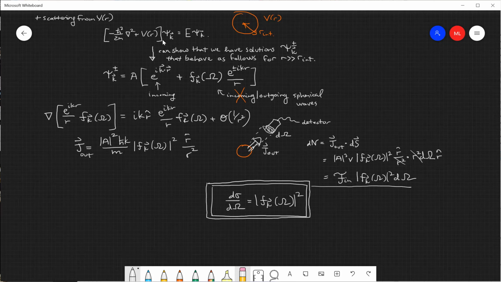That's why we label the solutions with this k. But the function you get will be a function of where you're looking away from the target. So hopefully that makes sense. As you do homework problems and we do examples, it'll start making a bit more sense, I think. Okay, but any questions?